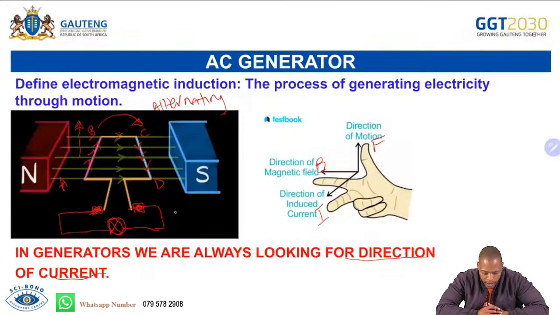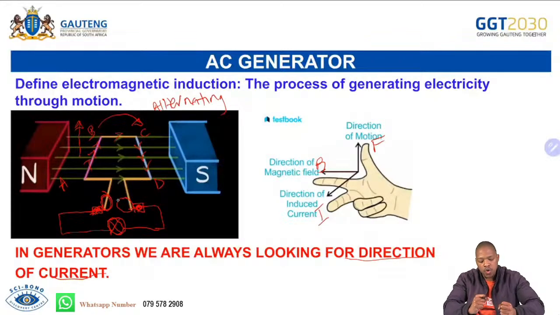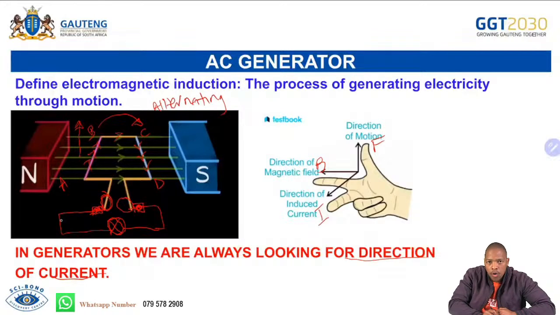So how do we make sure that the current also is transferred as AC in the external circuit? What they used there, they put in rings. These rings, what are they supposed to do? They are supposed to ensure that the same contact is maintained with the same part of the conductor on the load.